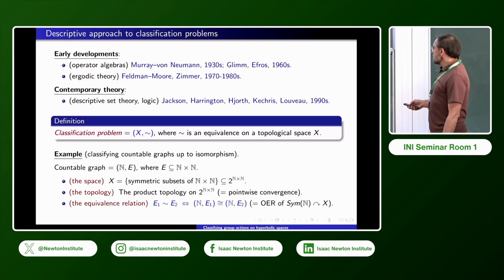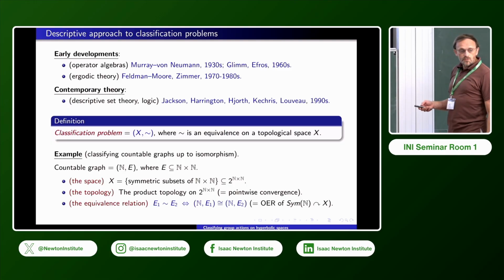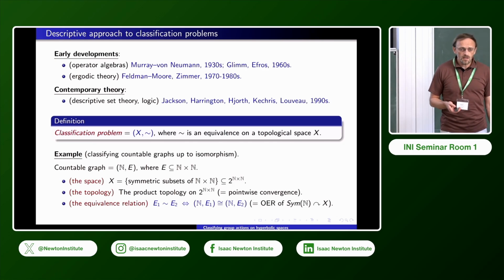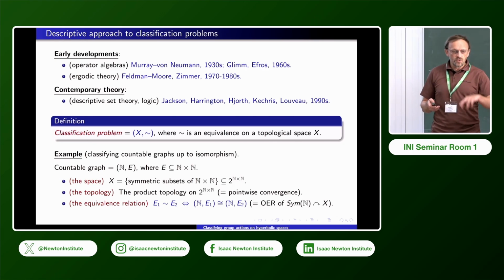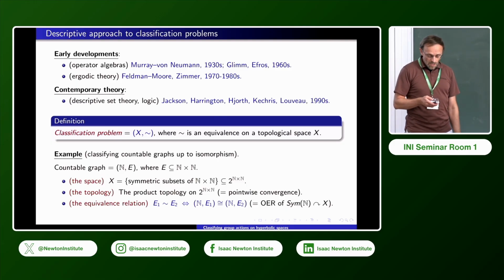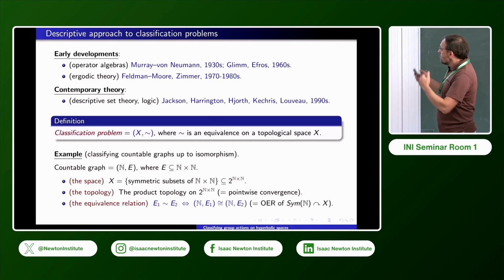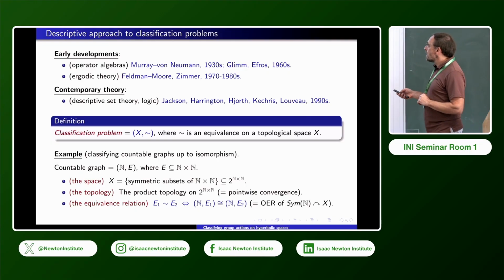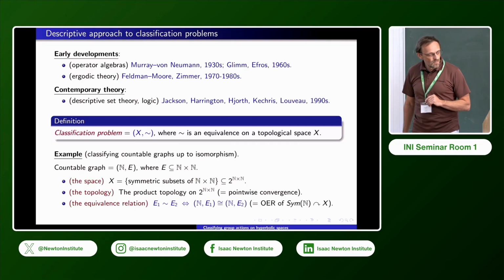And the equivalence relation is induced by the isomorphism relation. Two subsets E1, E2 of N cross N are equivalent if the corresponding graphs are isomorphic. So this is nothing else but the orbit equivalence relation of the symmetric group acting on natural numbers. And that's an example of a formalization of a familiar classification problem in this way. Okay?